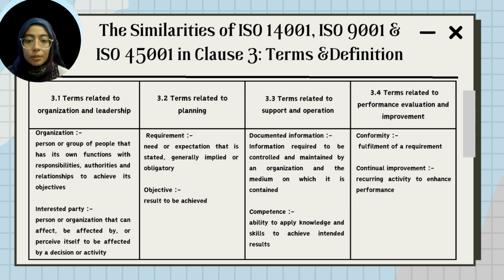Competence: ability to apply knowledge and skills to achieve intended result. Lastly is 3.4, terms related to performance evaluation and improvement. Conformity: fulfillment of a requirement. Lastly is continual improvement, which is a recurring activity to enhance performance.